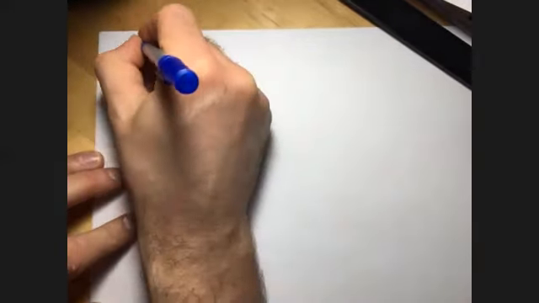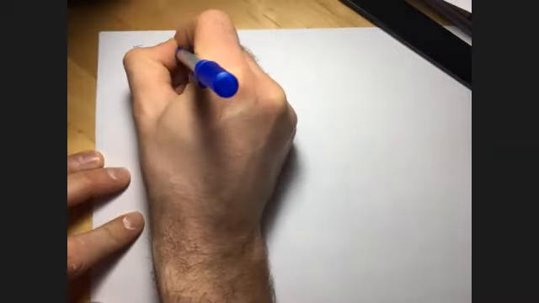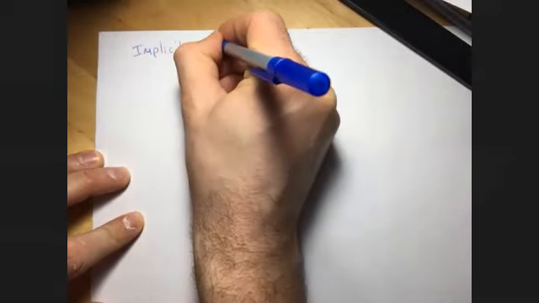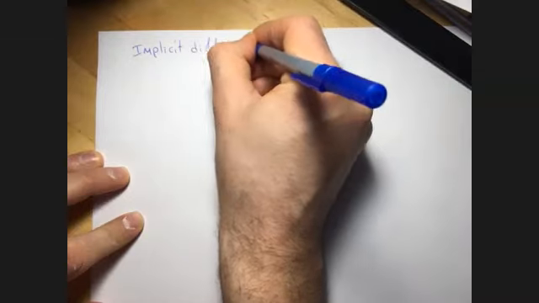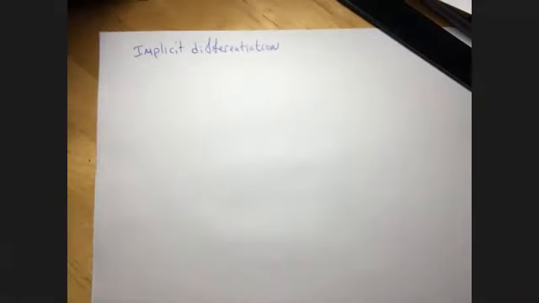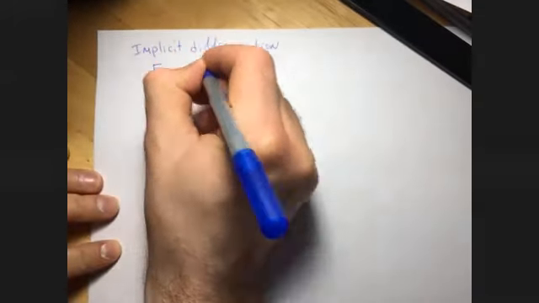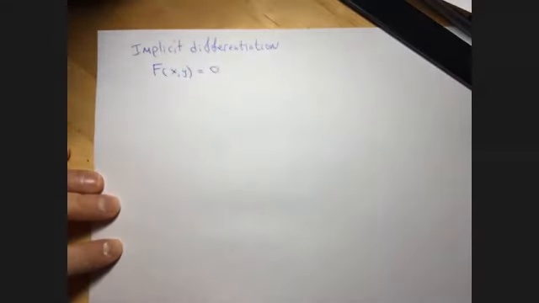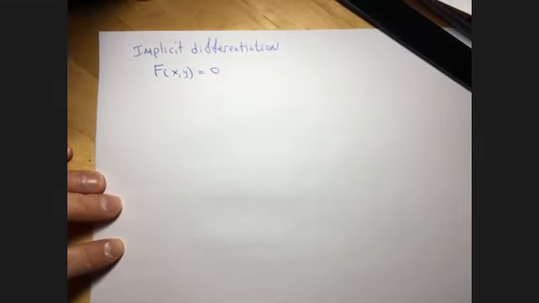And then the last section in this chapter is the implicit differentiation. Okay, so let's say we are talking about a function defined in x and y that is equal to 0, right?